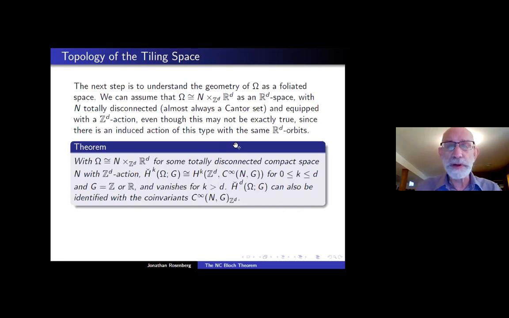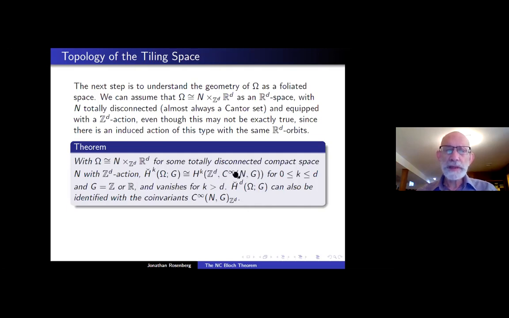So here's a basic theorem. If you try to compute the Čech cohomology of omega with coefficients in either Z or R, what you get is the group cohomology of Z to the d. Remember, that's acting on N, so it acts also on the functions on N. So take the group cohomology of Z to the d acting on the C infinity functions on N with values either in Z or R. Okay.